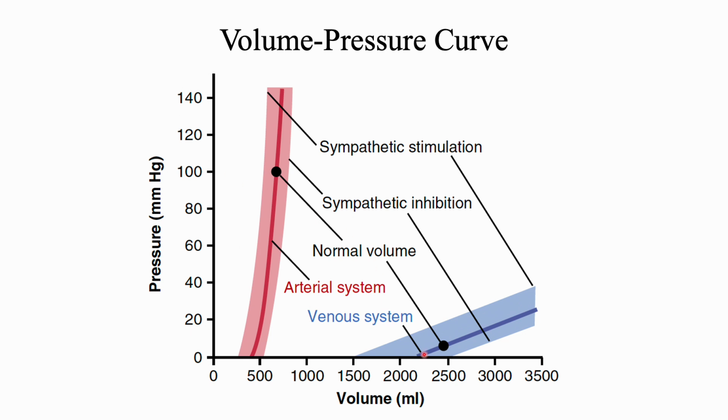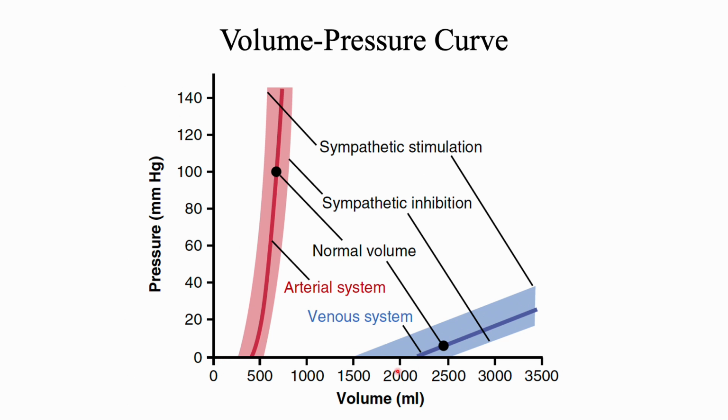Whereas in the venous system, as you see here, the baseline for the volume is much higher, and the pressure values are much lower than that of the arterial system. So if we're talking about a volume of about 2,200 mL, that represents 0 millimeter mercury.